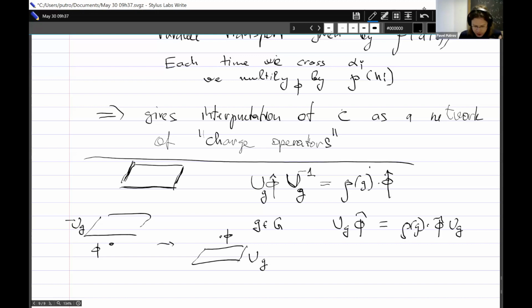So we exchange this U of G with phi, and this gives me an extra factor. This is what we had before, where G was essentially one of the n_i's when we crossed. We can interpret this as one of these alphas.